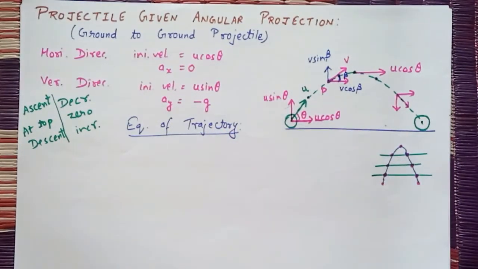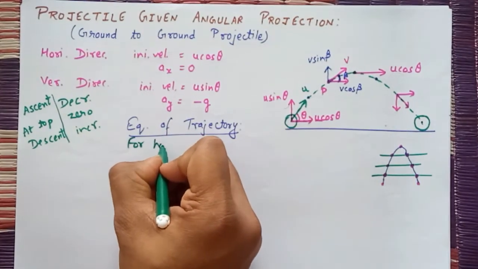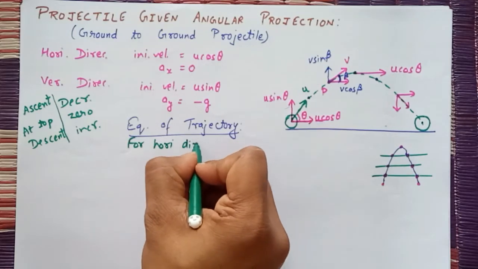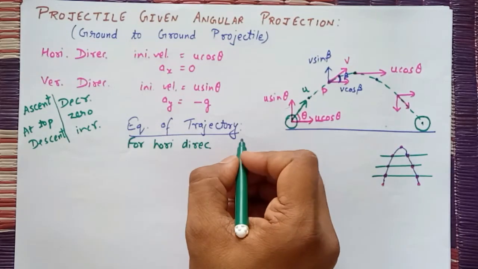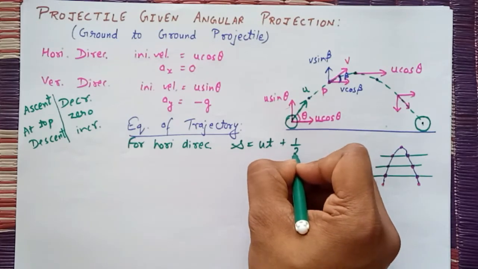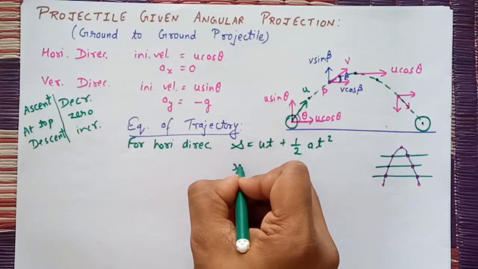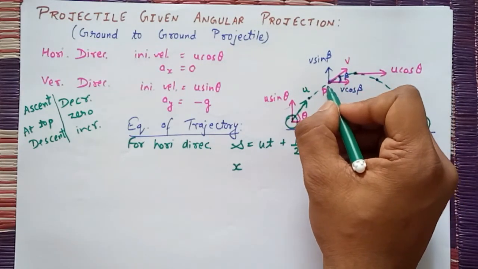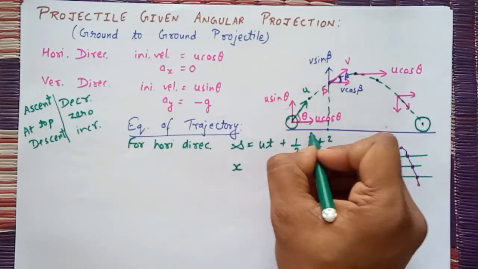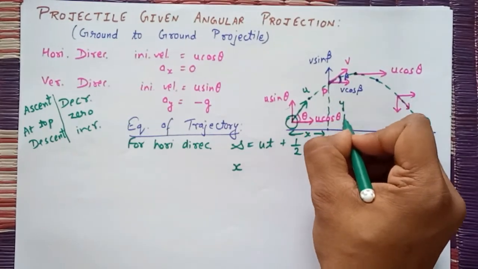So how to solve it? We will use for horizontal direction, again applying the formula s is equals to ut plus half at square as in the previous video. What is s? Let it be x. Let this distance be x and this distance be y.